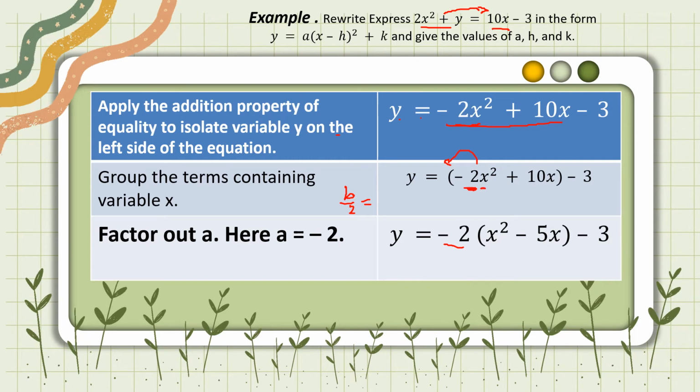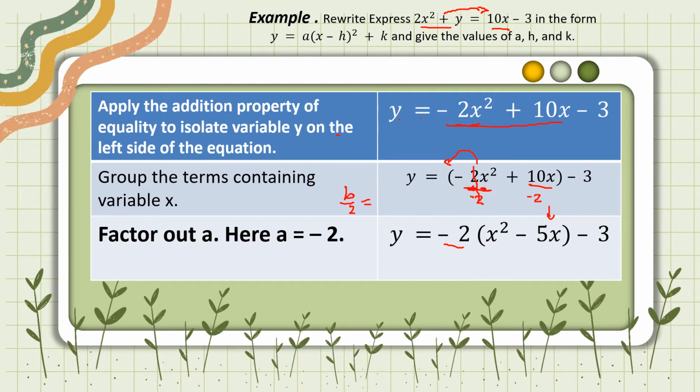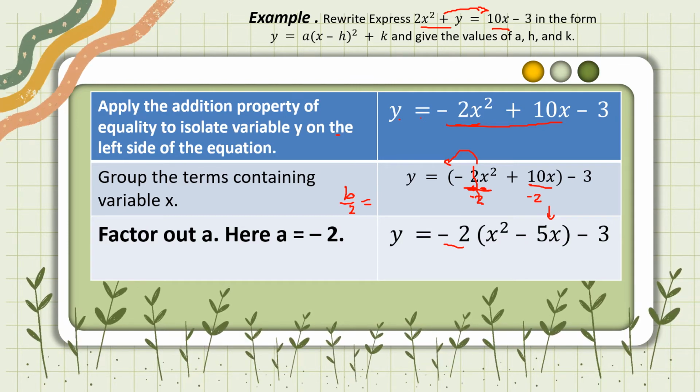Quantity, ang natira na lang po dito, kasi negative 2x squared, i-divide mo sa negative 2 na monomial factor, cancel po yan, ang natira na lang ay x squared. Same with this one, i-divide mo yan sa negative 2, ang natira na lang po ay negative 5x minus 3. So, yung numerical coefficient niya po na negative 2 ay monomial factor na po neto.